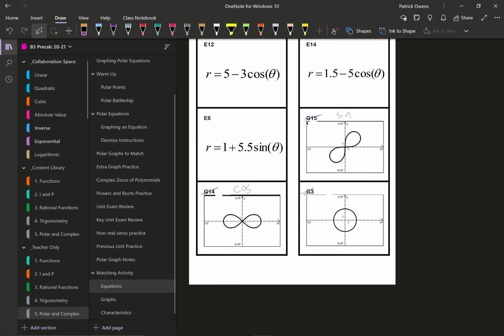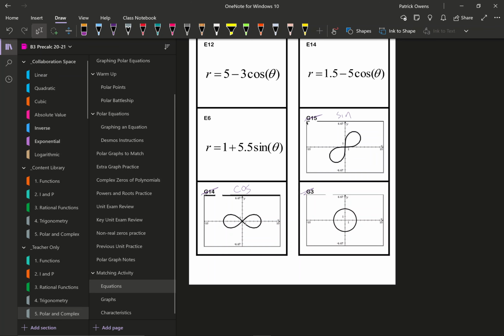But the thing is, since B is greater than A, and we have that A plus B sine theta, it's going to be G13. It's going to be a limacon with an inner loop, where our outer loop is going to be the length of the sum of the two, and the inner loop is going to be the difference. So it's G13. And we've got a limacon.